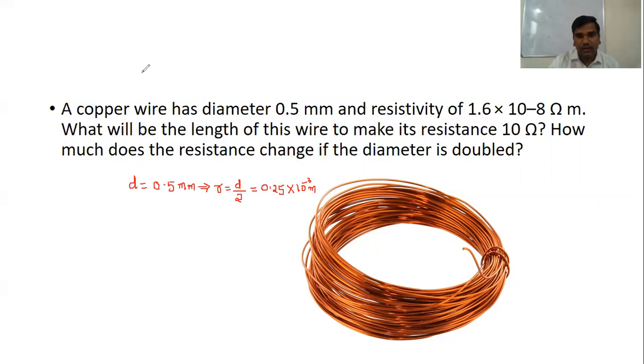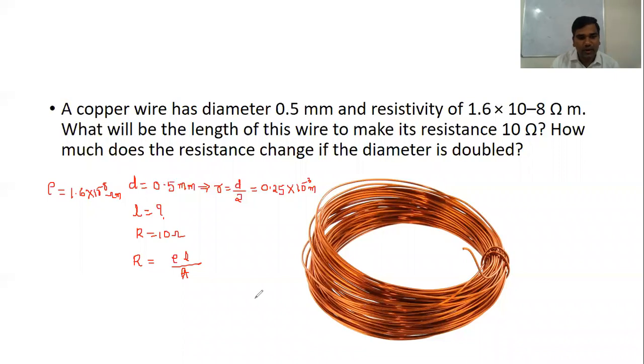Now further, what is given to us? So then we got radius. We have to find the length of the wire L to make the resistance 10 ohm. So we know the formula R is equal to rho L by A, and resistivity also they gave here: resistivity equal to 1.6 × 10^-8 ohm meter.